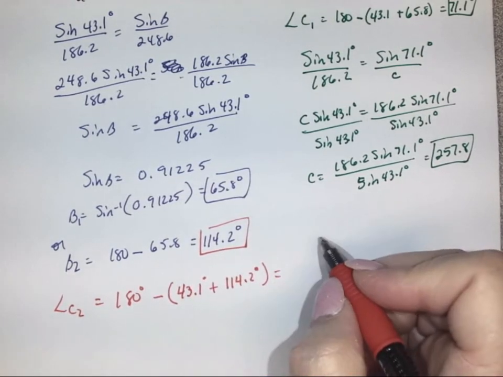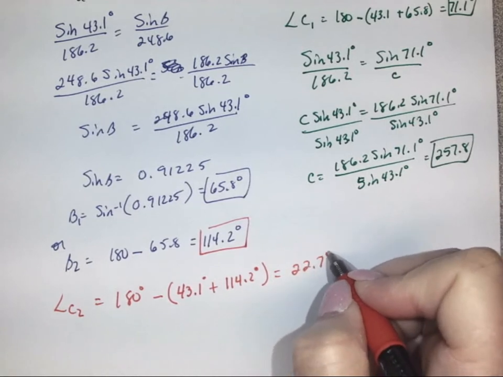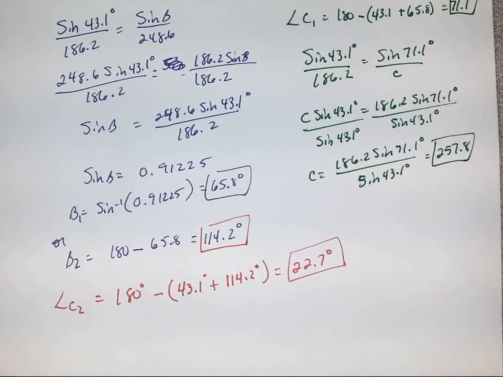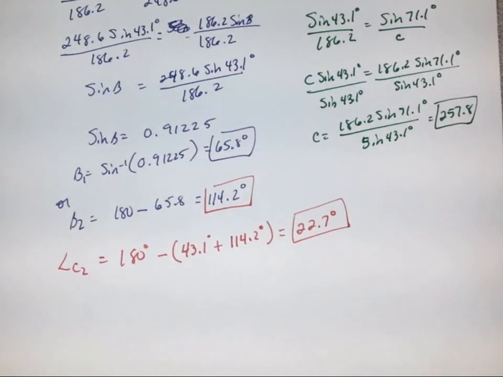And that will get us an angle of 22.7 degrees. So now that we have angle C, let's go find our side of C.